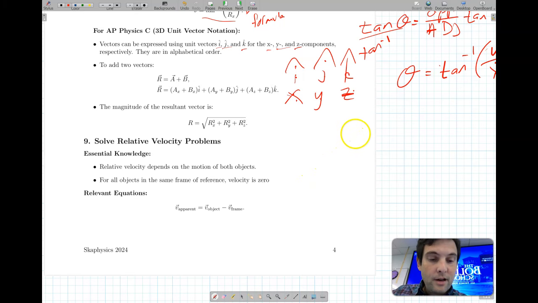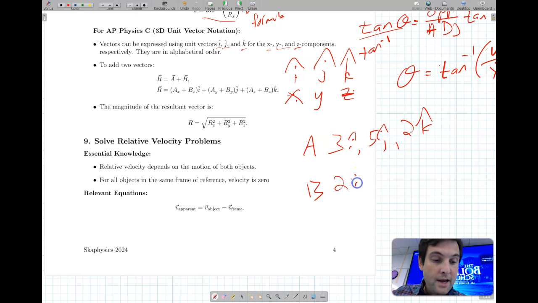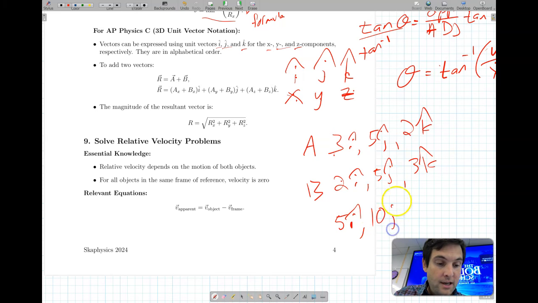If we have vector A, who has coordinates of 3i hat, 5j hat, and 2k hat, and we have vector B, which has coordinates 2i hat, 5j hat, 3k hat, to add these two vectors together, we're just going to do 3 plus 2 is going to be 5i hat, 10j hat, and 5k hat.